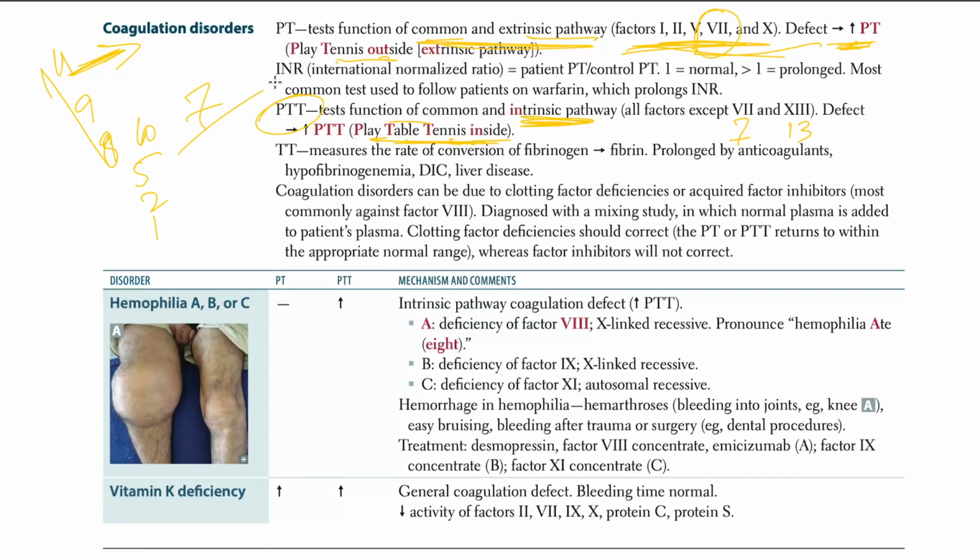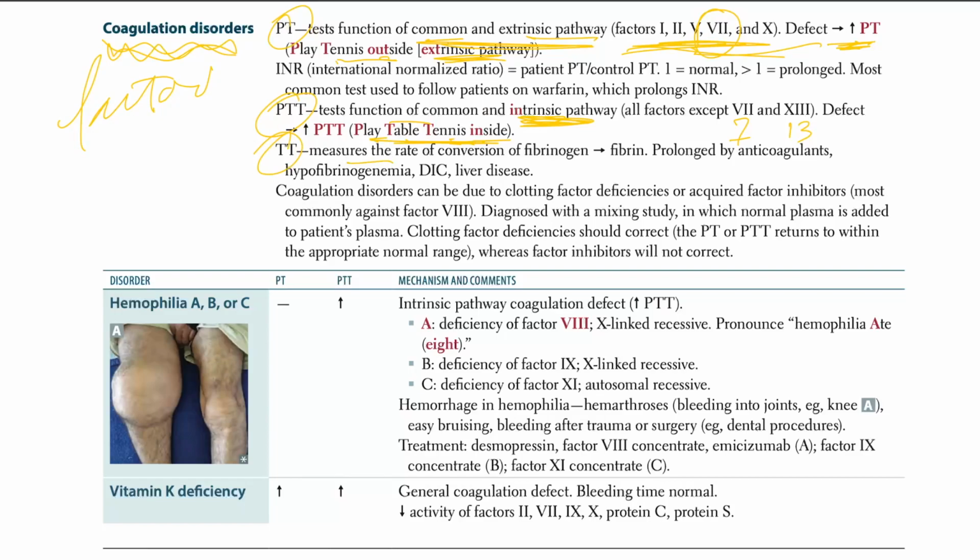And 7 is on the extrinsic side. We did this in the physiology, you can take a look at it over there. But PT and PTT are all testing the coagulation factors, right?